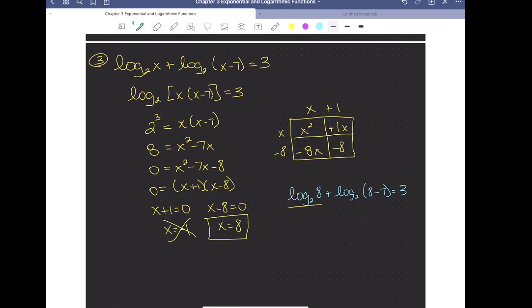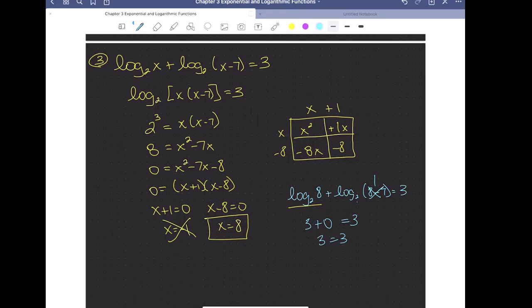That's 3, since 2 to the third is 8. Plus, on this one, 8 minus 7 is the same thing as 1. So 2 to what exponent is going to equal 1? 0, because anything raised to the 0 exponent is 1. So 3 plus 0 equals 3. So 3 equals 3.